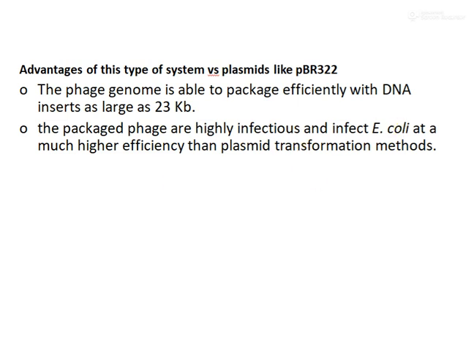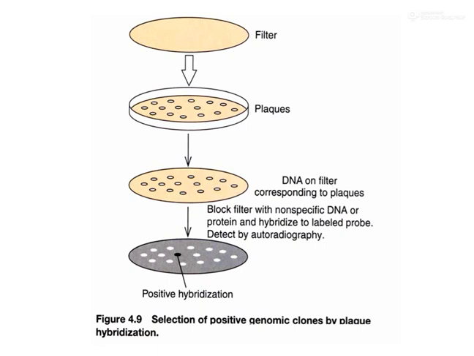The positive clones or plaques obtained here can be further screened by other techniques called plaque hybridization. If you have multiple colonies, you can use plaque hybridization. What is plaque hybridization?